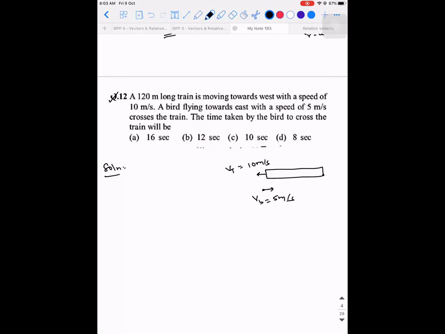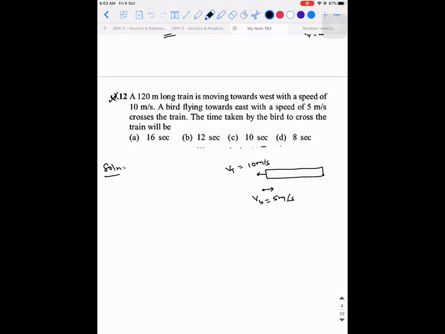Okay. So how to proceed with this? What are all the data that we know? Okay, I'll put the question in a different way. Assume that the train was at rest.